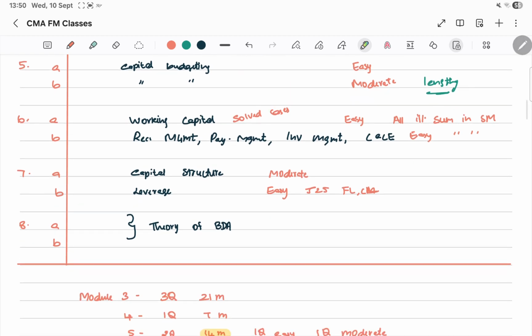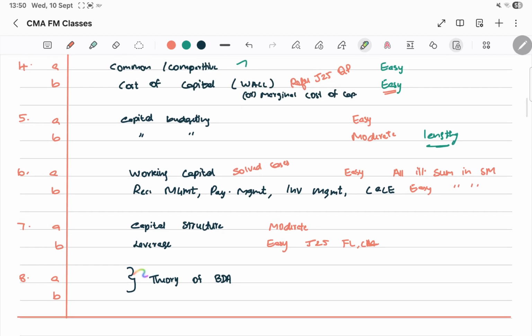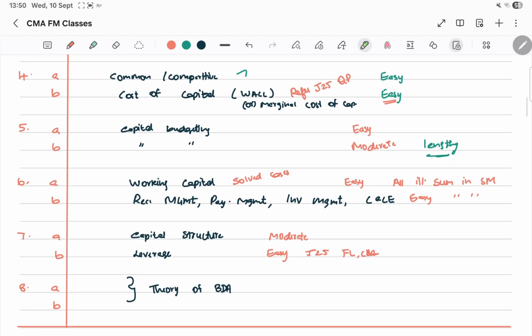Based on the relationship of all these, financial leverage, combined leverage or operating leverage, they might ask you a question. And next, 8A and 8B will be theory based on your BDA. From any two modules they will be asking these two questions. In total you will be having 4 theory questions. In that, 3 questions will be based on BDA and 1 question will be based on your FM.